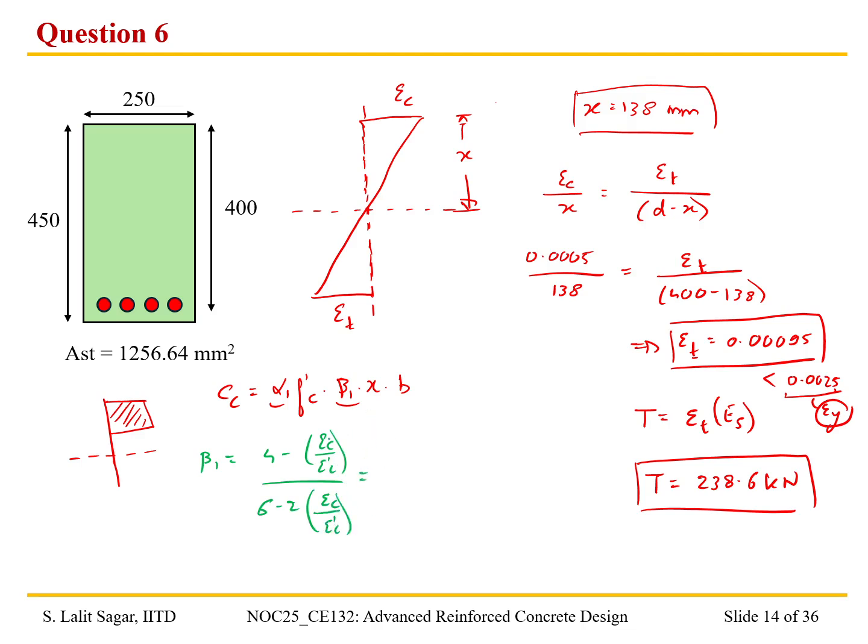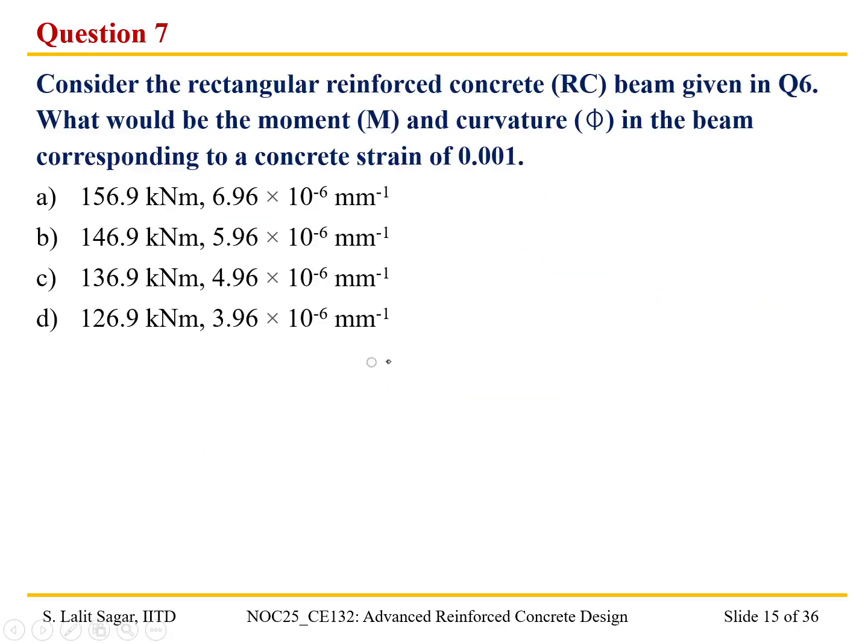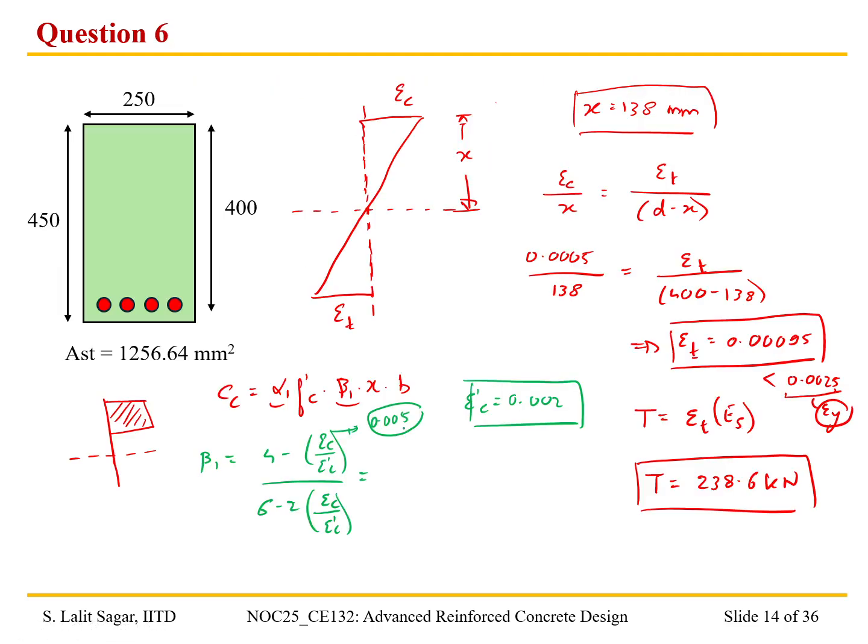Now we know that epsilon c is equal to 0.005, and then we can consider epsilon prime c as 0.002. Please note that there has to be one more additional zero over here. Sorry, 0.0005.